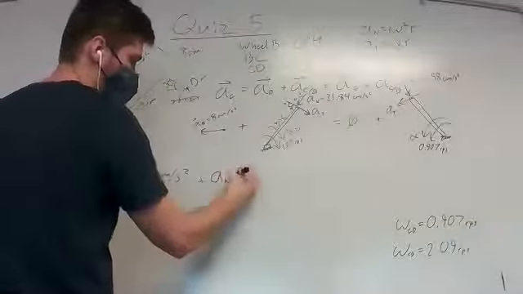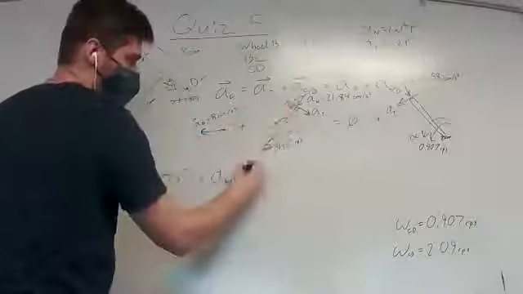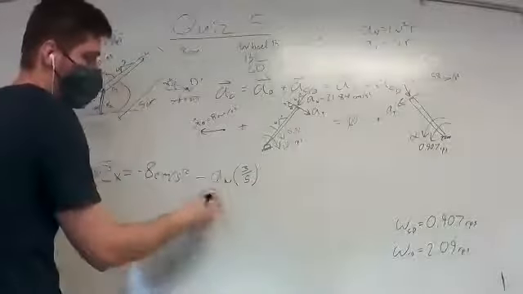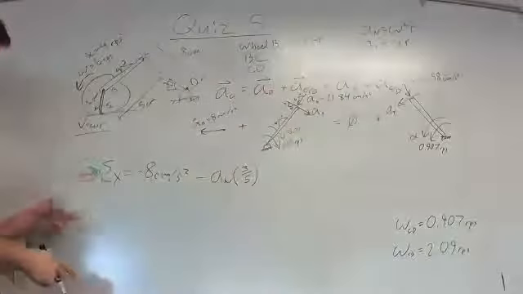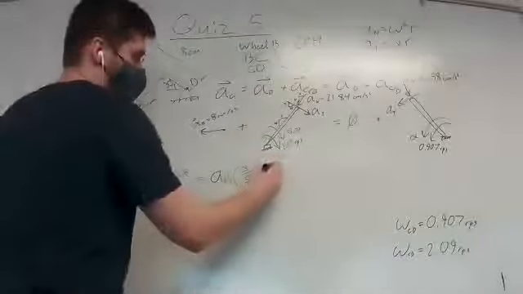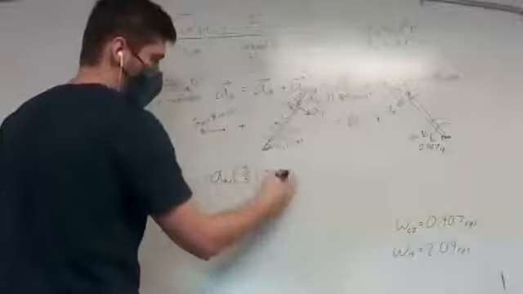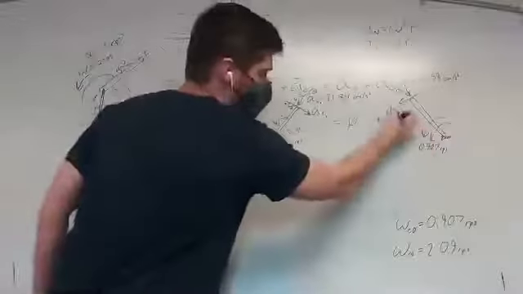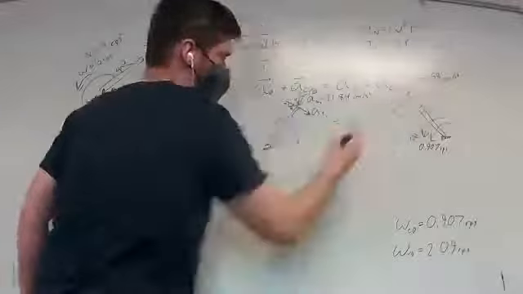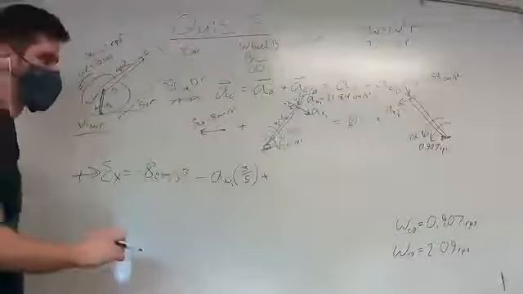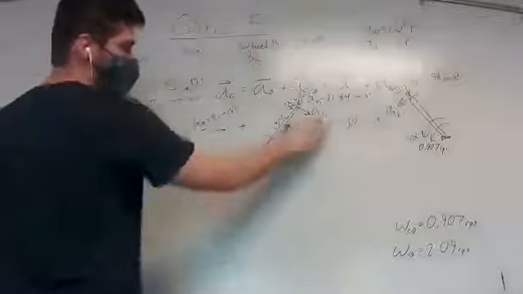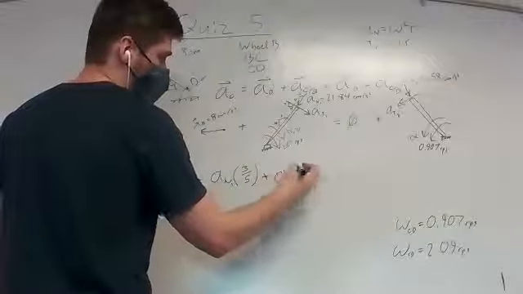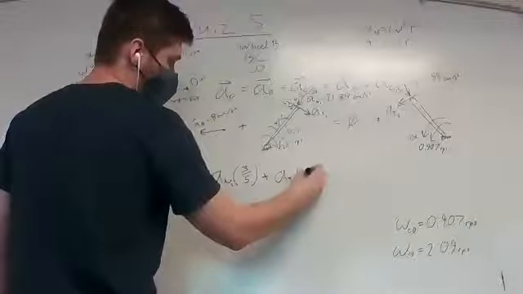I'm just gonna label it as AN for the sake of space. X component, so we use 3 over 5. And that would be minus because our AN is going down into the left. AT will say plus. I'm going to label these as AN and AT1, and these as 2.